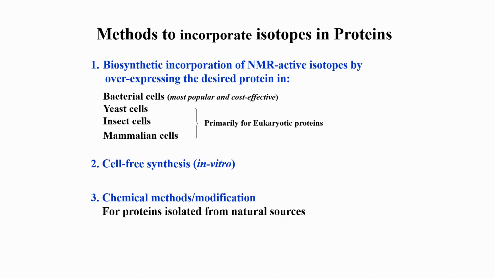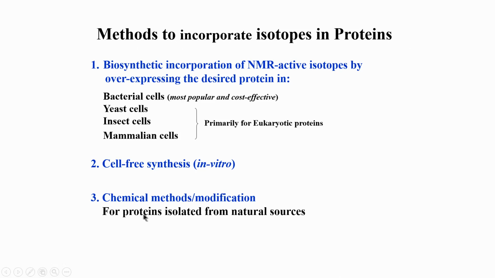Typically it is done for smaller peptides like 20-25 amino acids. Beyond that, going for 40 or 50 amino acids, the chemical methods become very costly and time consuming, because you have to now purify the desired protein from the mixture. You will generate a mixture of amino acid proteins with different chemical modifications. So, we have to purify our sample, that becomes complicated if your protein size is large.